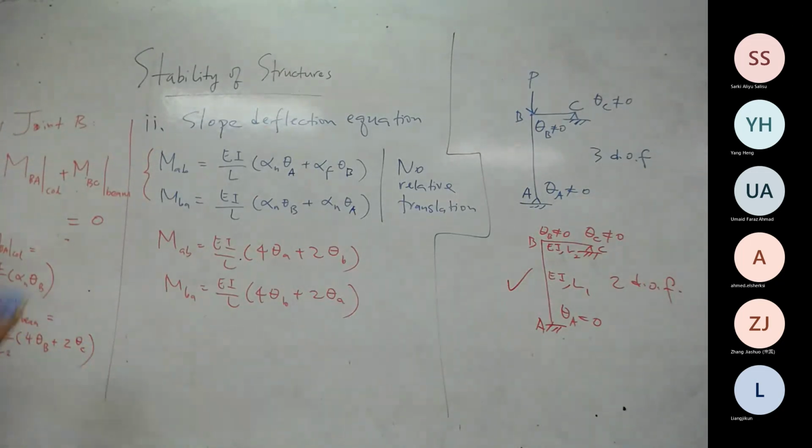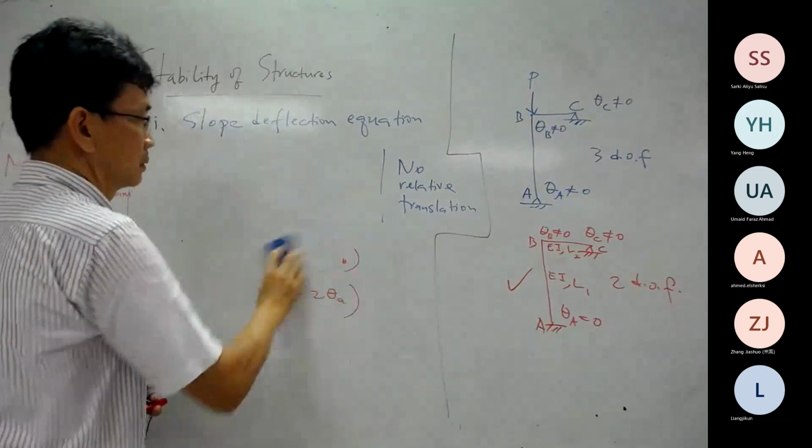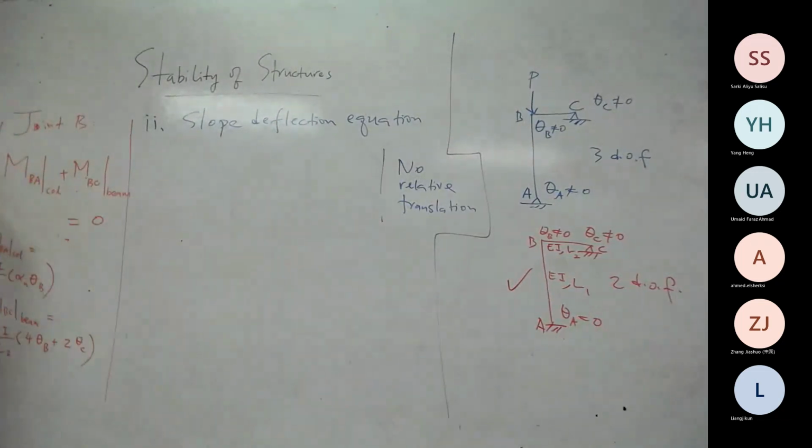So when we have this, we can solve these equations by considering theta B and theta C as two different rotations.